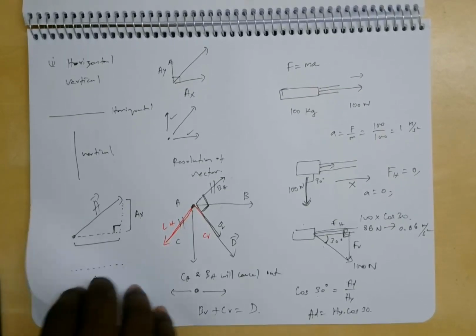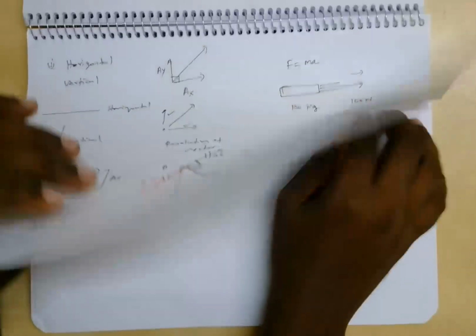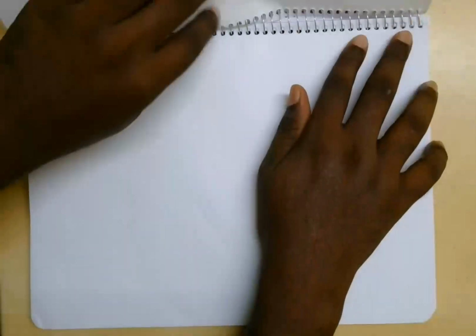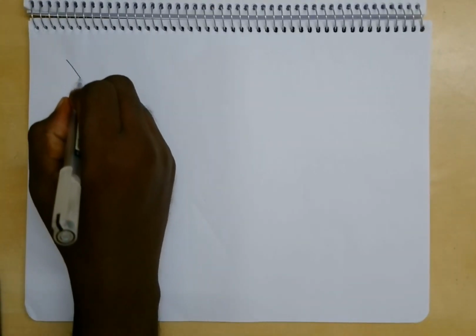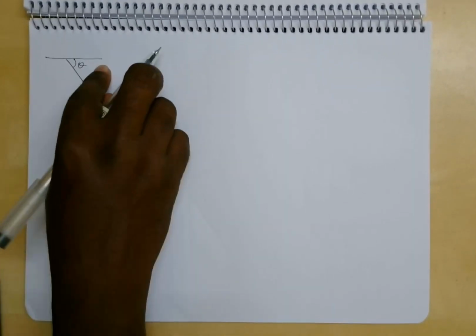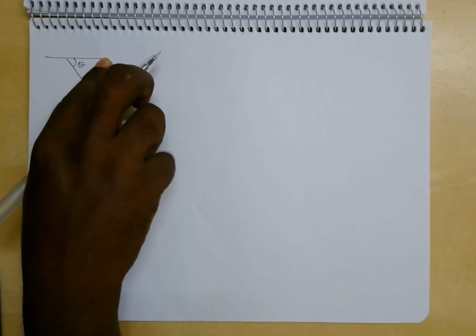Yes, super. Now, if a vector is like this, making an angle with this line, this is our reference line. Now we want to find this horizontal component and vertical component, which means we want to find this and this.